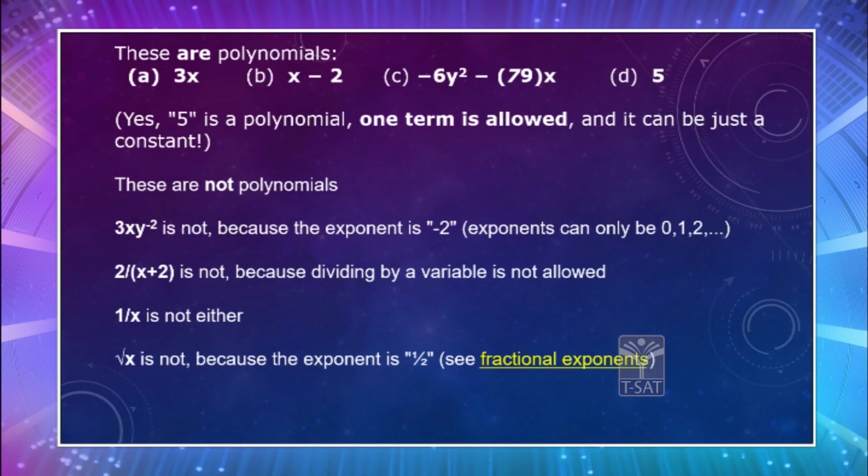From these examples you can understand, the first one, 3x y power minus 2, is not a polynomial, it is an algebraic expression. The reason is the exponent is negative. Another one is 2 by x plus 2, it is not a polynomial. The reason is the expression is divided by the variable.